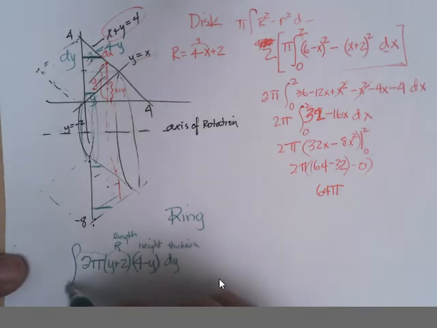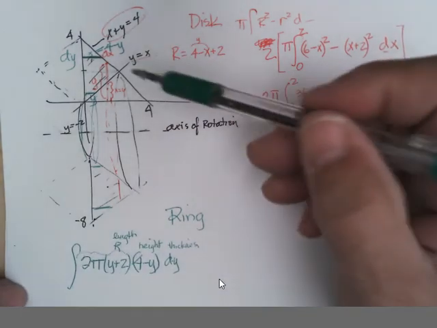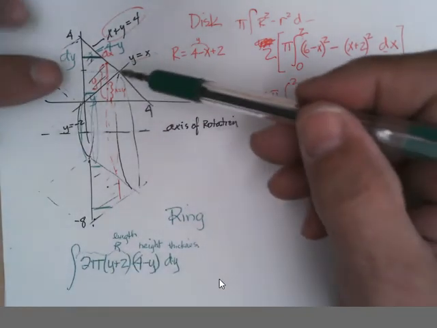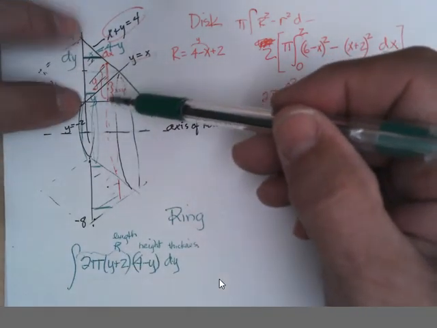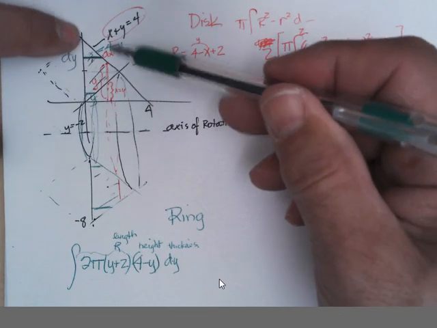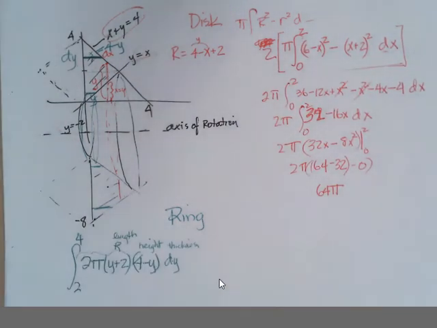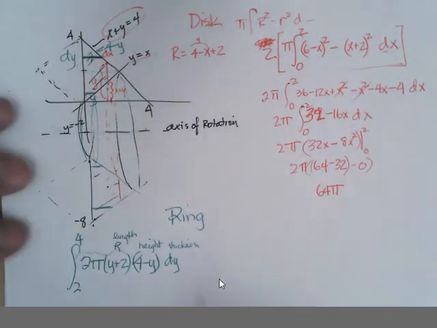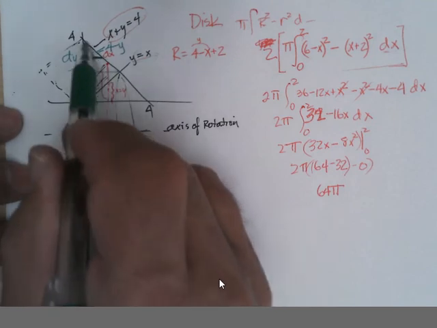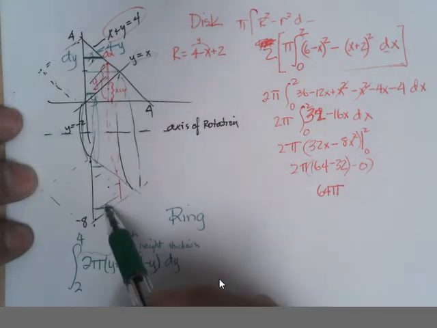And we have to add all of those up. Now we're doing y's, so we're going to do from 2 to 4. That would give us just this part of the ring around.